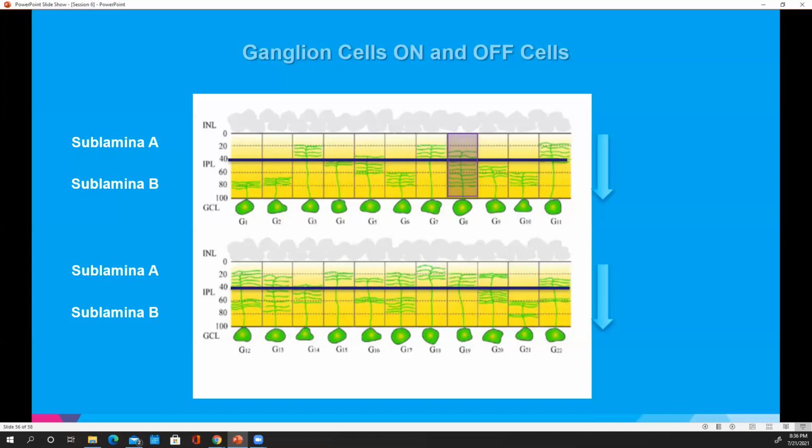What is another word for them? Melanopsin containing. Melanopsin, right. And where would he project? Name one spot. Anywhere but the LGN, so hypothalamus. Okay, hypothalamus, yes.